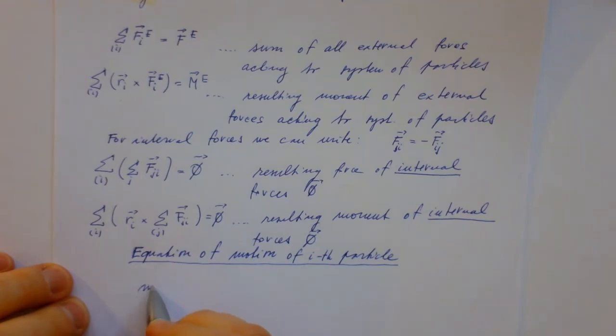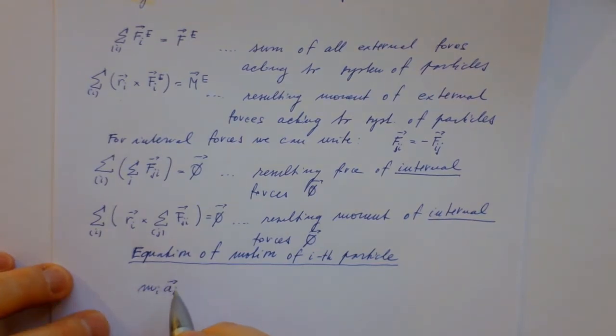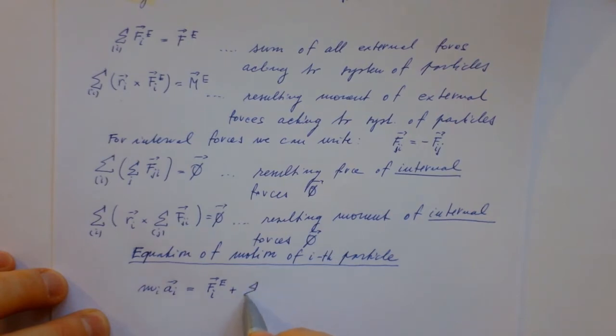So mi times ai is equal to the sum of external forces acting to ith particle plus the sum of internal forces acting to particle i from j to i.